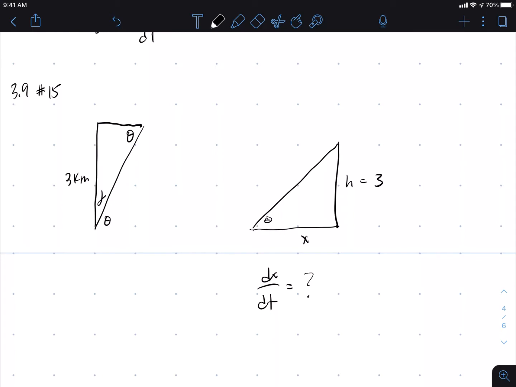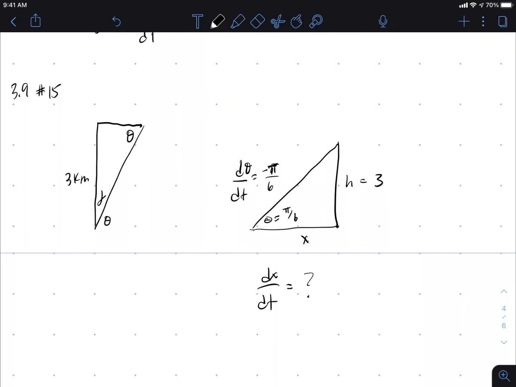We know that the angle when they're looking for it is pi over 6, and we know that the rate of change of the angle is negative pi over 6. Agreed? That's negative because it's decreasing. If it's getting smaller, I have to put a negative sign.